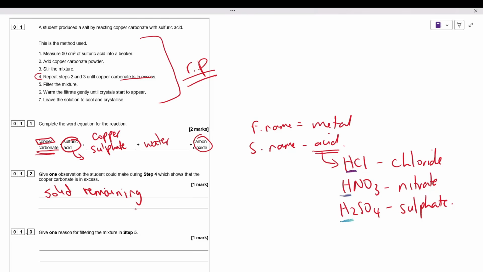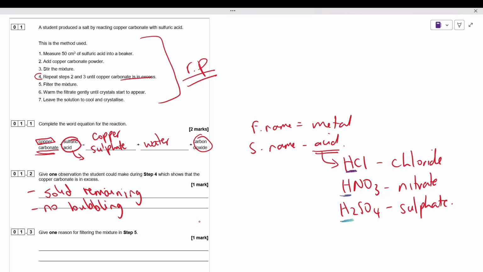So we're going to look for that, or you can say no bubbling, right? Because once those bubbles stop, it means that the reaction have now completed and we have no more acid to react with that copper carbonate to form that carbon dioxide. Okay, so that's something else that you could look for in step 4.